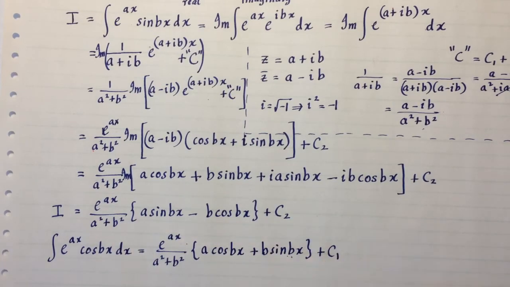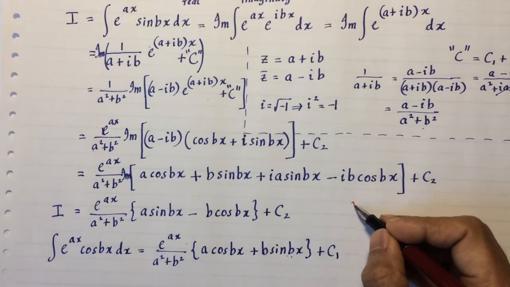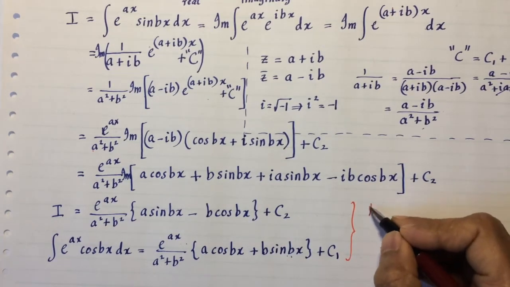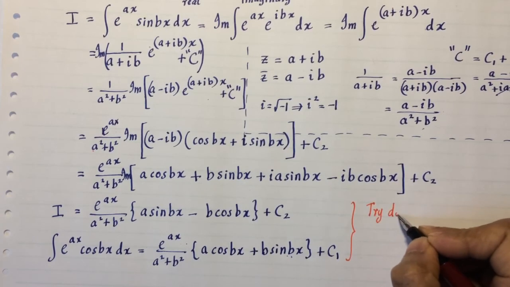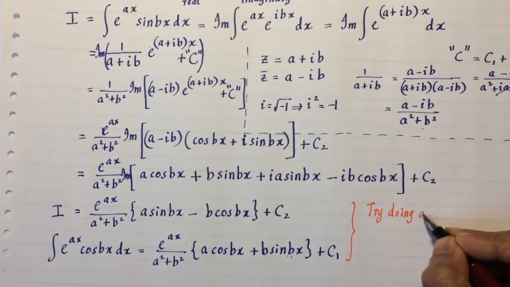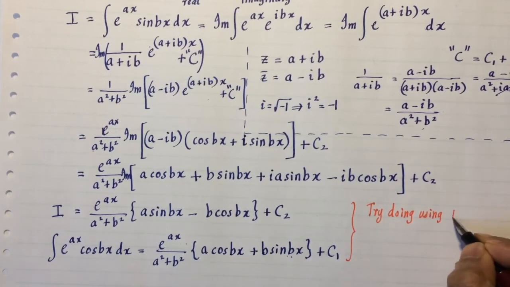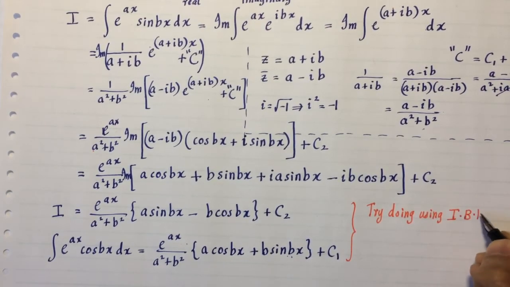If you try these by integration by parts, and I would like to encourage you to do this, so if you have time, try these by integration by parts. I'll abbreviate integration by parts as IBP in this video course.